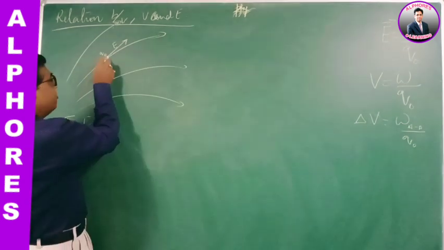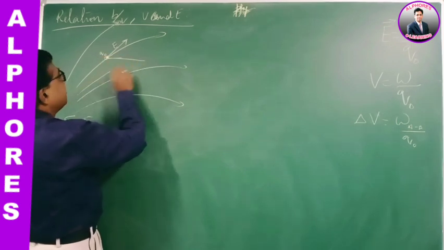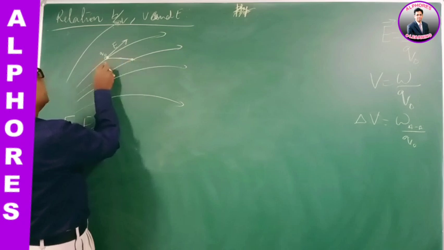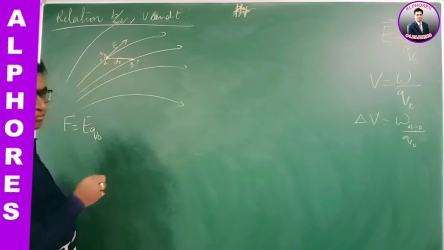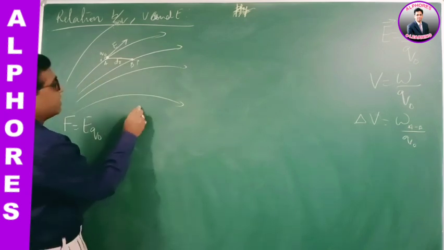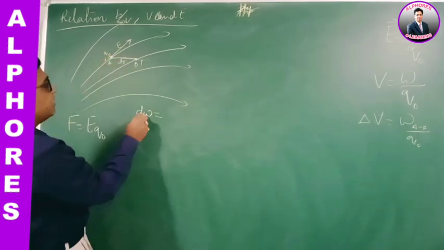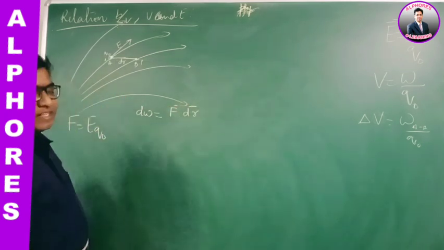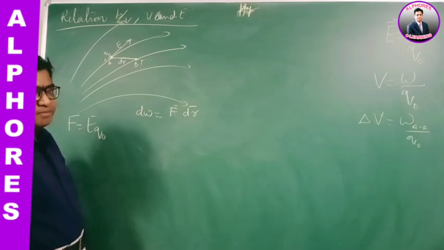Suppose I am moving this charge through a small distance, from the initial point A to the final point B, through a small distance dr. Then the small work done in moving the charge from here to here: according to first year work done, W is equal to F dot S, force into displacement.